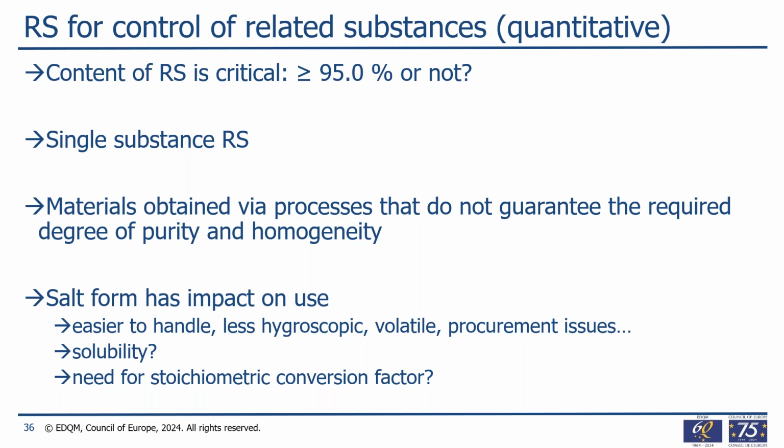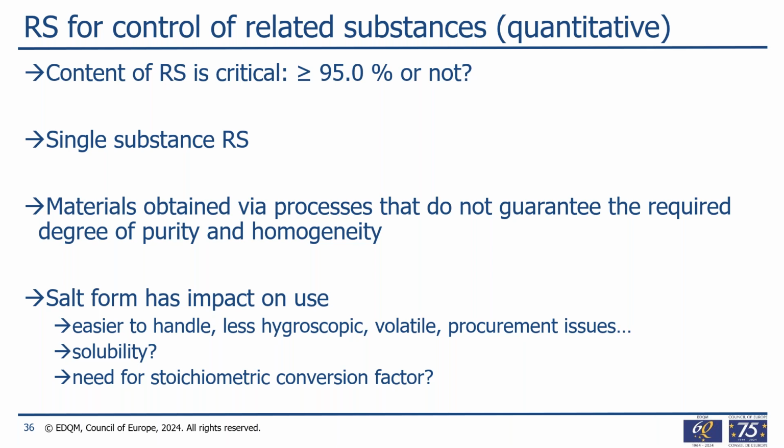For instance, we take into account which salt form is easier to handle. Free bases do have a tendency to be more viscous or oily substances compared to their salts, but they are also less hygroscopic, so we need to find a balance there. Also, we take into account the volatility of the material, and of course, in the end, we can't simply use any salt that we want, because we need to be able to procure it on the market.